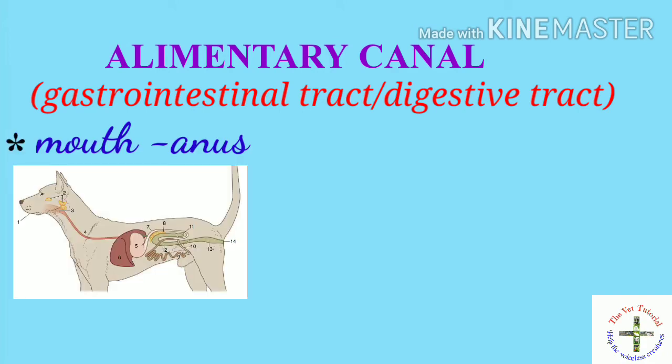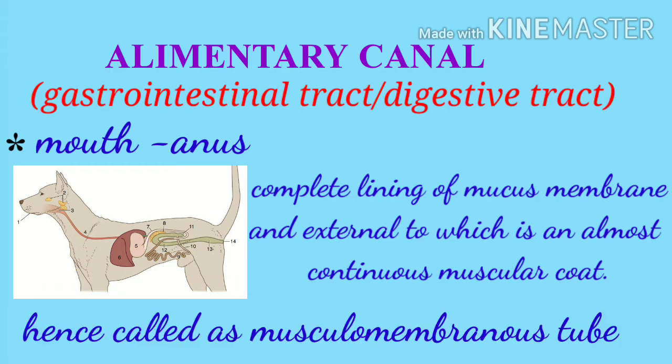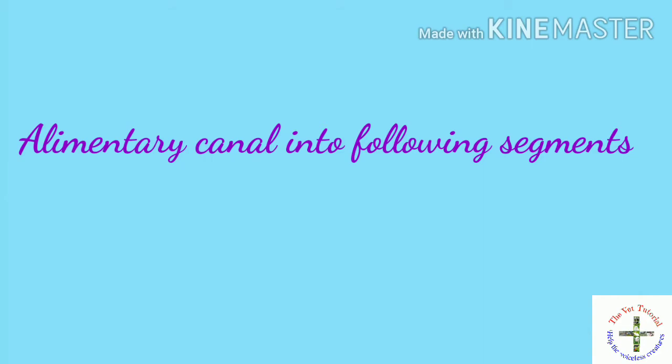The alimentary canal is lined completely with mucous membrane and external to it is an almost continuous muscular coat. Hence we call it a muscular membranous tube. And remember that the abdominal portion of the tube is largely covered with serous membrane, which is the visceral peritoneum. Let's divide the alimentary canal into the following segments.